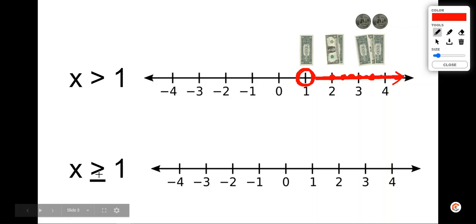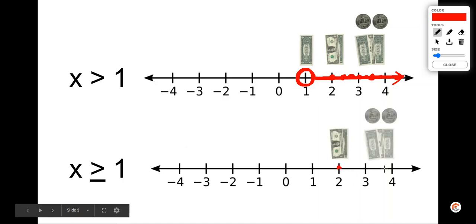Whereas greater than or equal to $1, same thing. Because it's greater than $1, you can still have $2. You could have $3.50. You could have $4, $2.75. Any number that's above 1 is greater than $1. But in this case, the or equal to symbol means not only could it be greater than 1, but the number 1 itself is also acceptable.